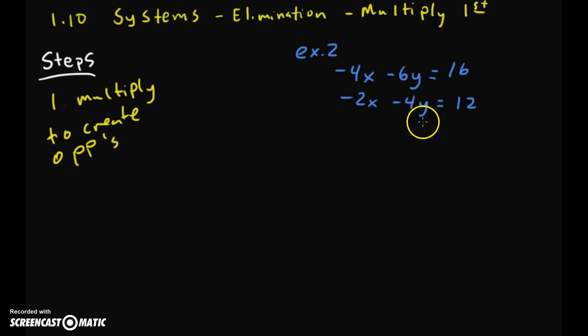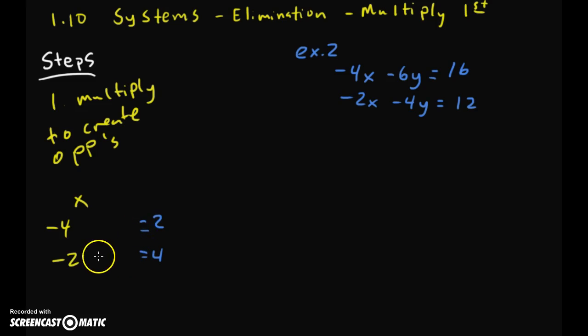So what number is going to help us create these opposites? Or which equation do we need to multiply? So we've got a negative 4, we've got a negative 2 in front of x, and then negative 6 and negative 4 for y. So the opposite of negative 2 would be a 2, and the opposite of a negative 4 would be a positive 4.